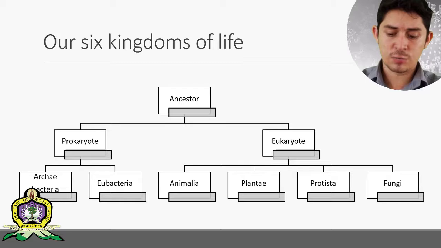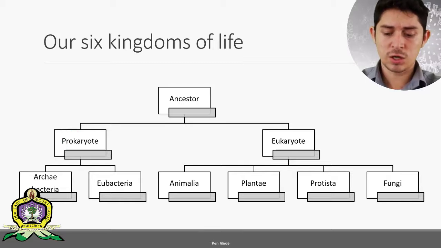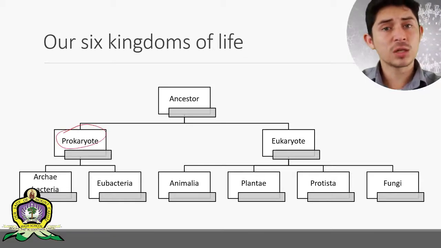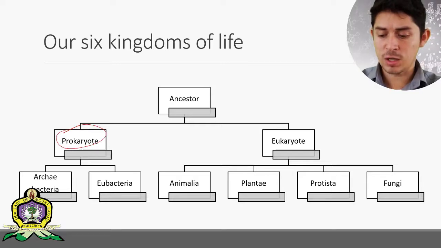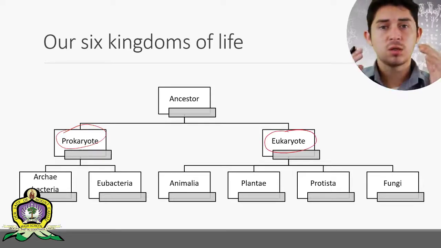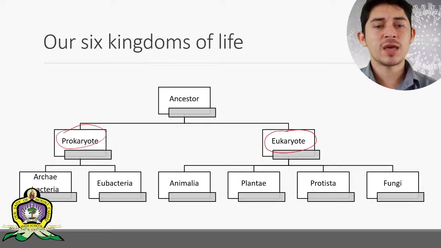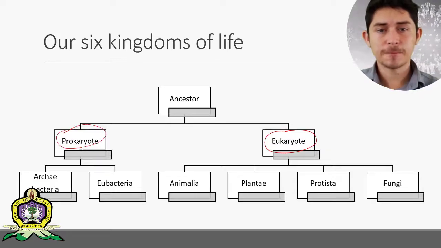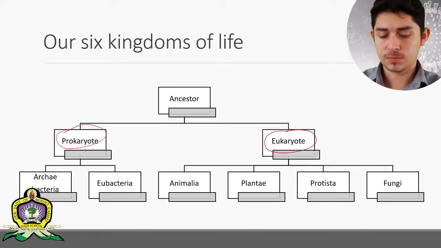We will be looking at the prokaryote, which are those organisms whose cells do not have a nucleus. We will also be looking at eukaryotes. Together, these are known as domains. Under each domain, we have kingdoms.